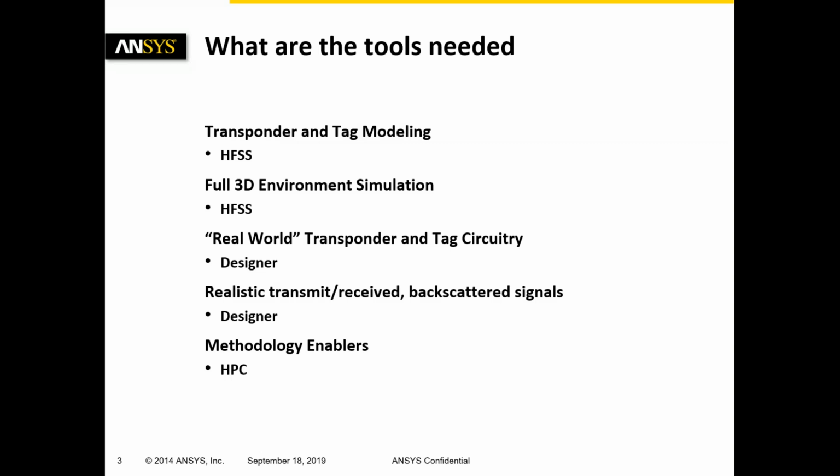Nowadays, it's an add-on option to HFSS called the SI option. And the methodology enabler will be HPC, meaning that for some large-scale cases, we'll need to use high performance computing licenses to enable parallel solving to reduce the simulation time.